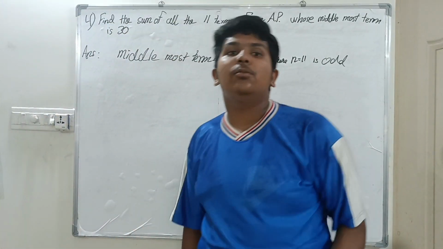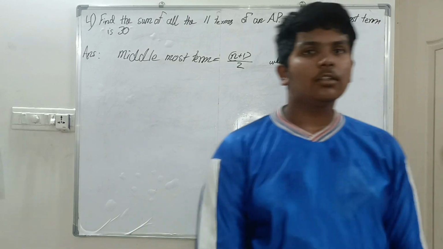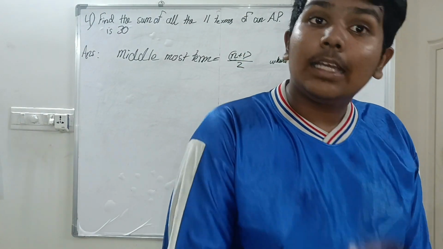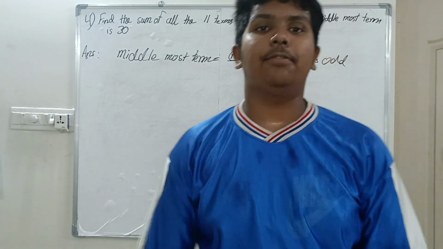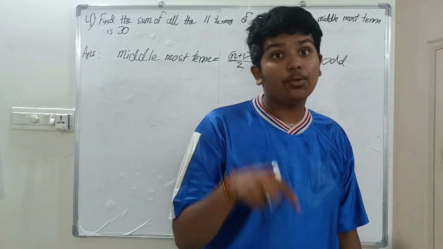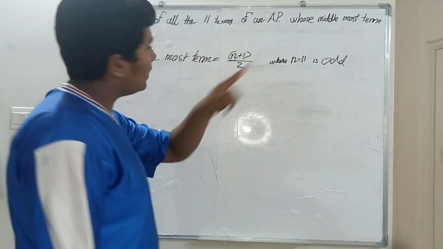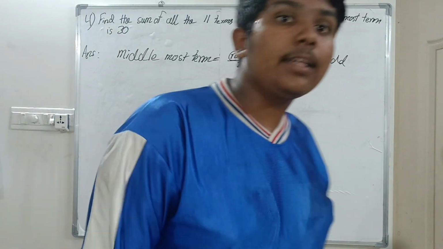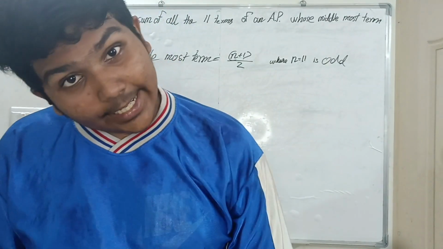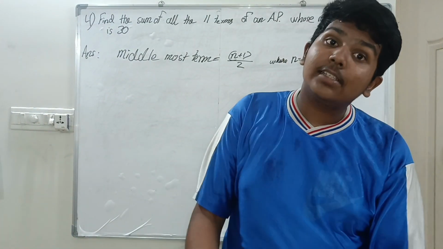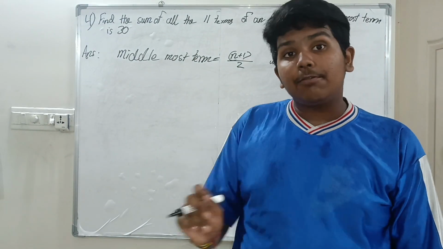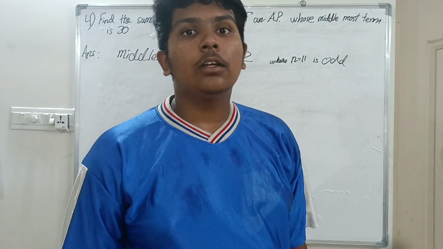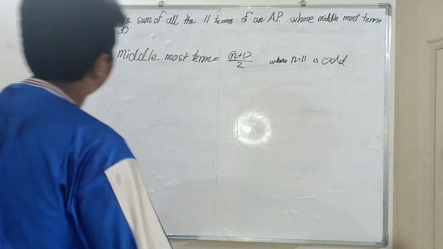Let's take 3 by 2, 7 by 2, 11 by 2. Can you half it? Why? Because it's an odd number, so you can't half it. The only number that can be halved is even. So how we're going to do is, if n is an odd number, we add 1. But if it is even, you minus it by 1. That is how you try to half it.